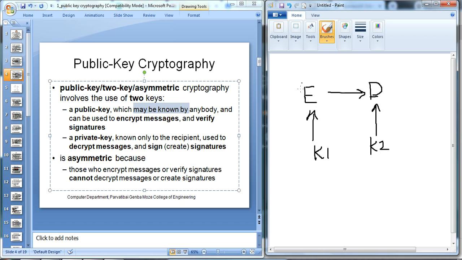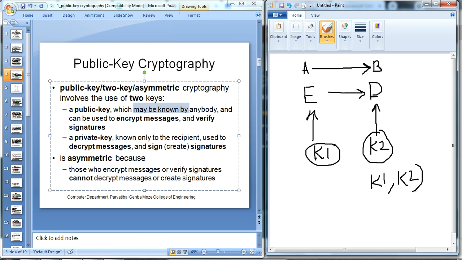Then the message direction: consider this one is user A and this one is user B. If user A wants to send a message to user B, then this K1 and K2 are the key pair of user B.